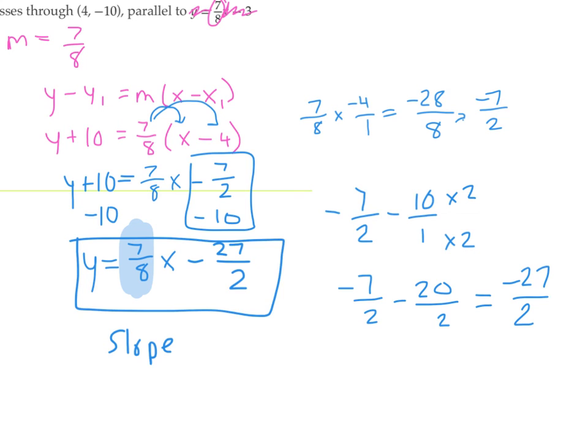Negative 27 over 2. So this is what we went over yesterday. This equation's in slope-intercept form, so we have our slope and then our y-intercept. Now b in our equation is our y-intercept. All right, so this is all for the notes for today.